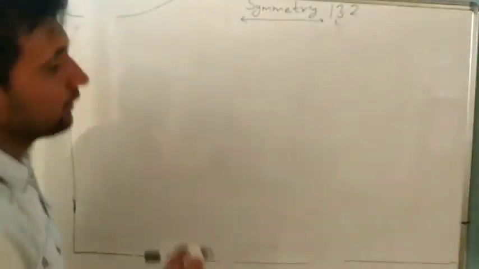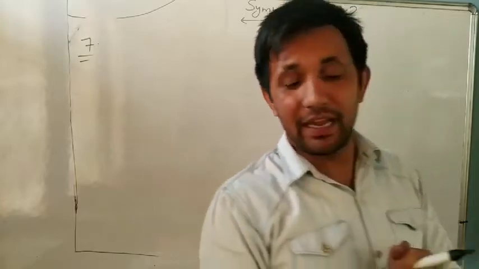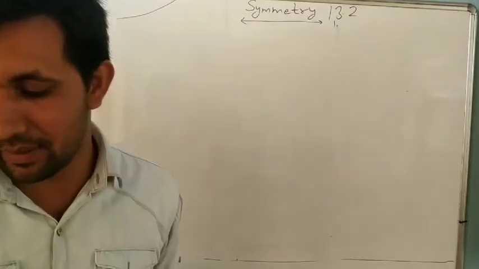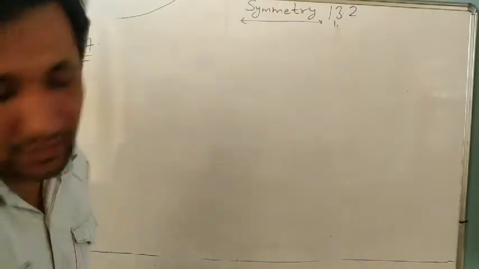Question number 7. Everyone knows in the English alphabet there are 26 letters, A to Z. So consider the following letters of the English alphabet, A to Z. List the letters which have a vertical line of symmetry.